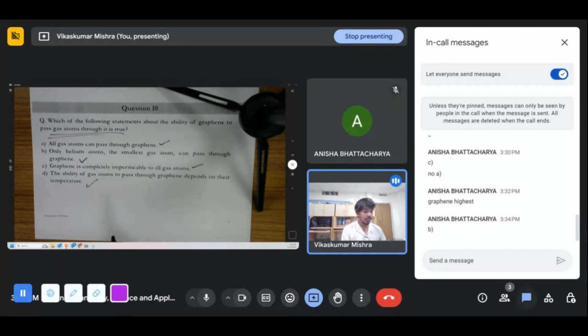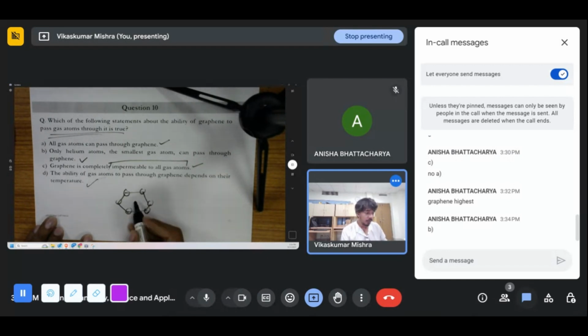Well, we have learned in the class that even the helium atom itself was not able to pass through graphene. So graphene is impermeable to all gas atoms on an average, mostly. We have learned that there is a carbon over here, and let's say we are passing the helium atom.